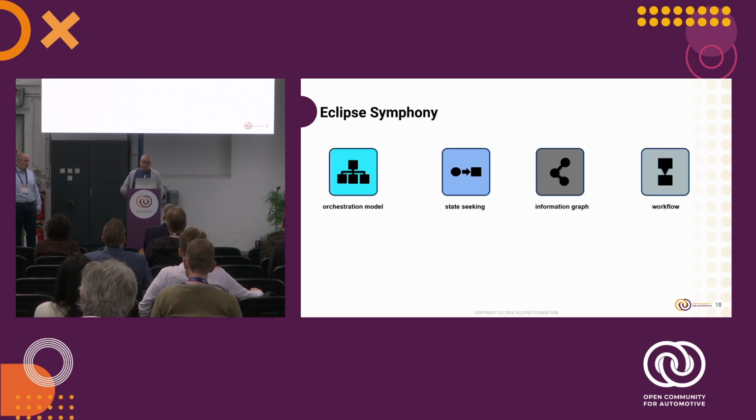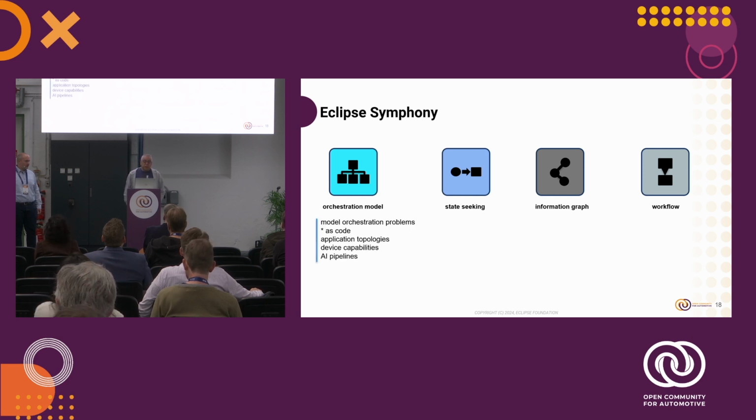So Symphony has quite, I would say, 4 key capabilities. One of them is, of course, the orchestration model. So basically, you orchestrate and you define as code what you want the system to do for you. So if you have a Python script that you want the system to execute, you have a provider that knows how to process Python scripts.